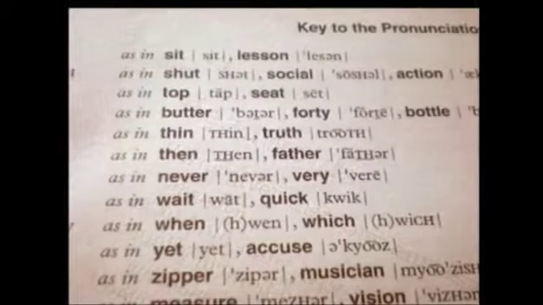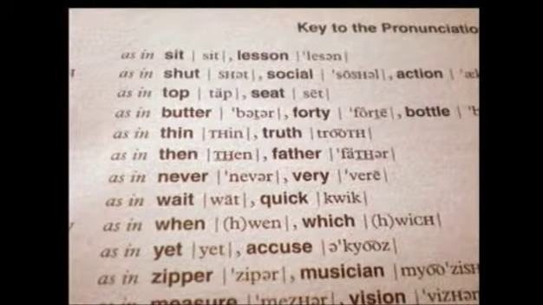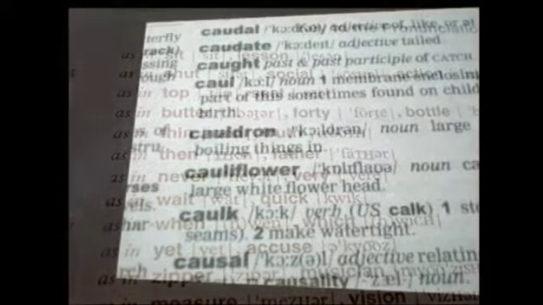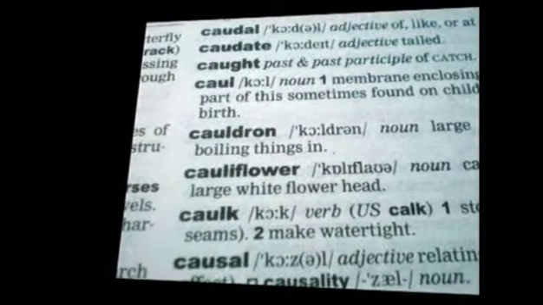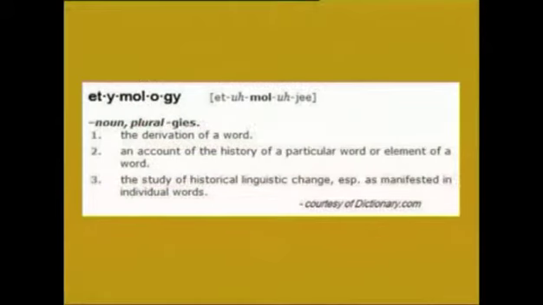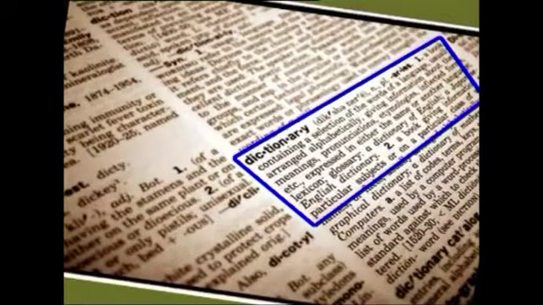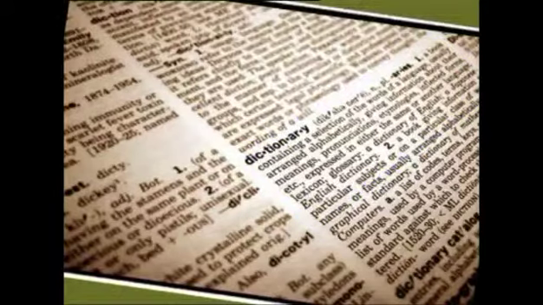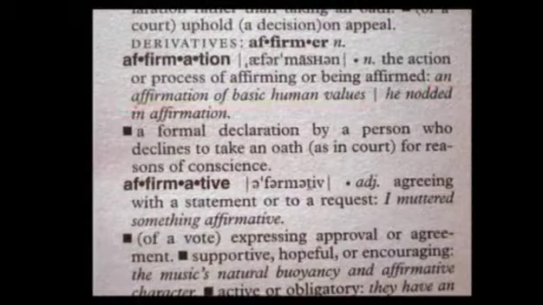Its pronunciation in some form of alphabetic notation, its word class as in parts of speech, its etymology as in historical origin and derivation, its definitions, and citations or examples of its use.